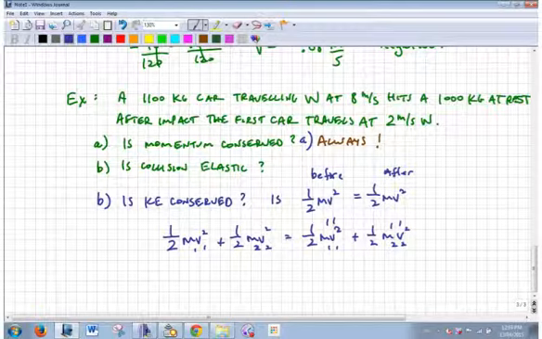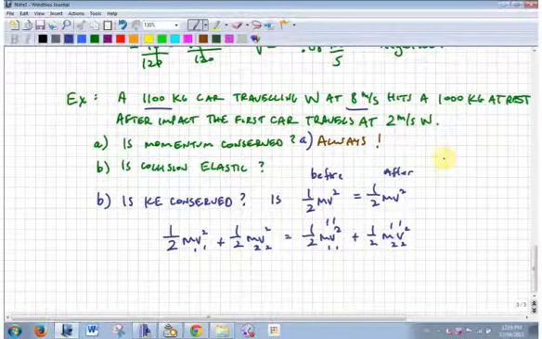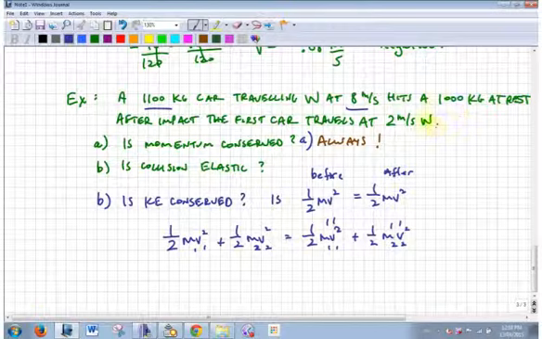Do I have m and v for the first car before? Yeah. Do I have m and v for the second car before? Yeah. Do I have m and v for the first car after? Yeah. Do I have v for the second car after? No, I don't. It doesn't say they're stuck together.